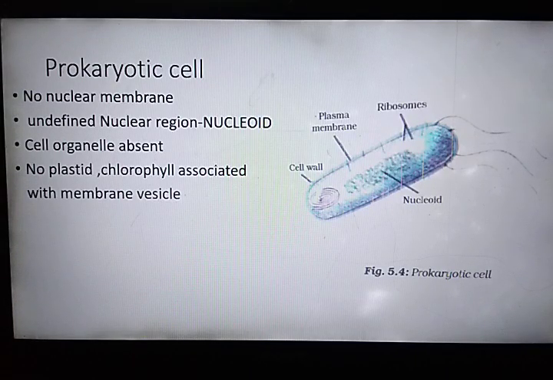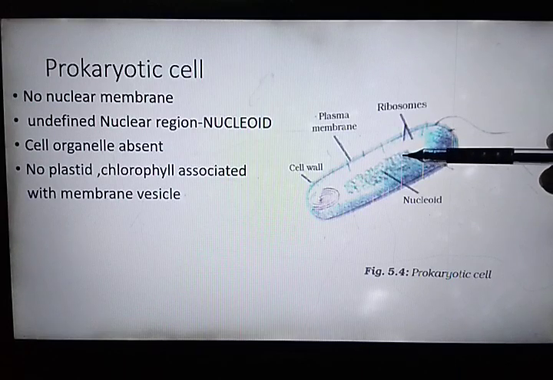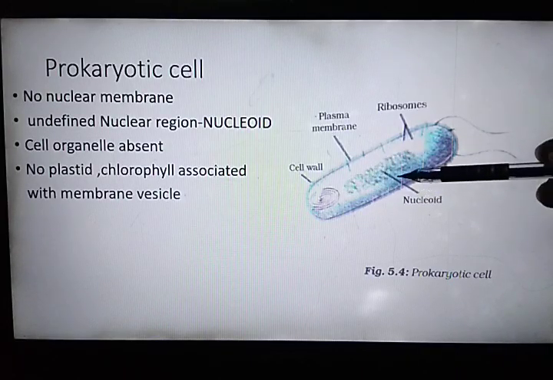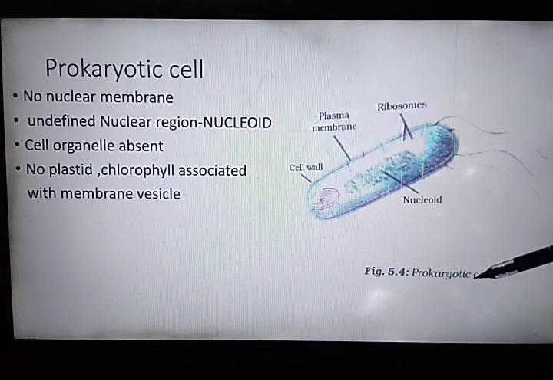Such an undefined nuclear region which contains only nucleic acid and no nuclear membrane is called the nucleoid. So you can see in the diagram that there is no well defined nucleus in the prokaryotic cell.